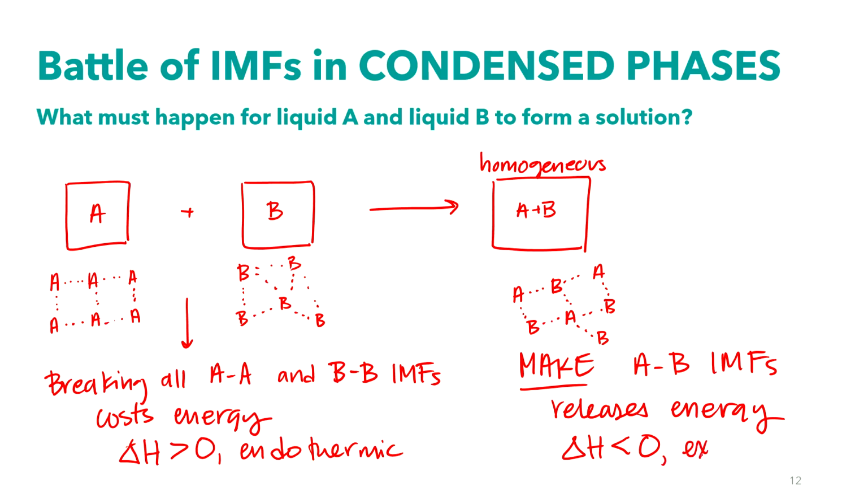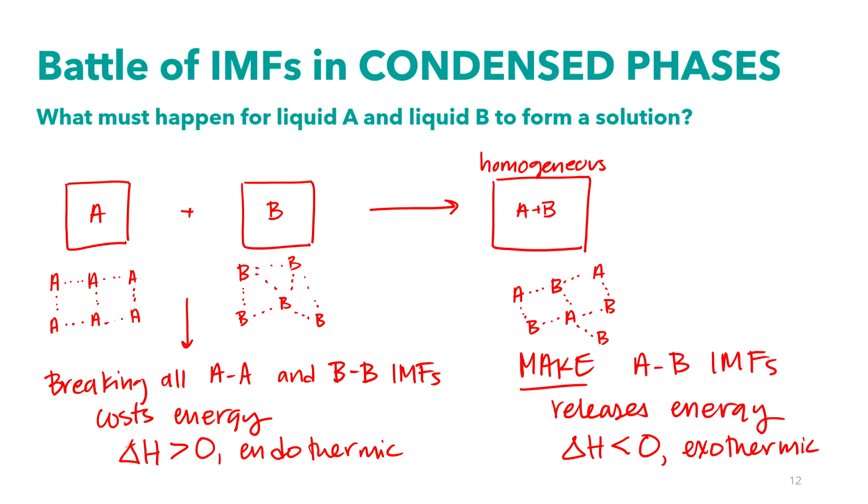This is always exothermic. I am taking two things, in theory infinitely separated, and I bring them together, and maybe they form a dipole-dipole interaction. That lowers their potential energy. That energy has to go somewhere. It gets released, usually as heat, and it's exothermic.